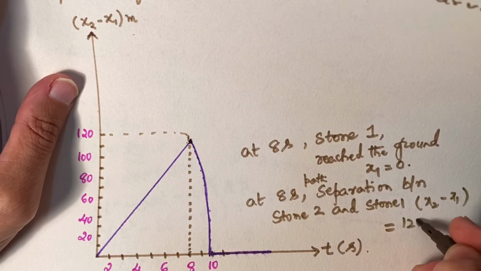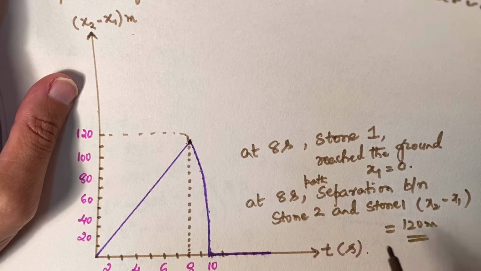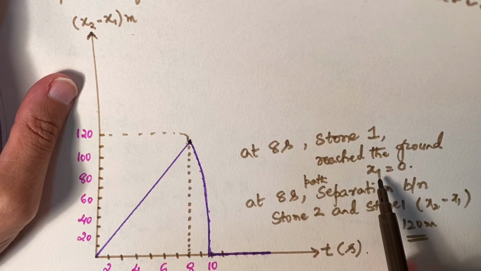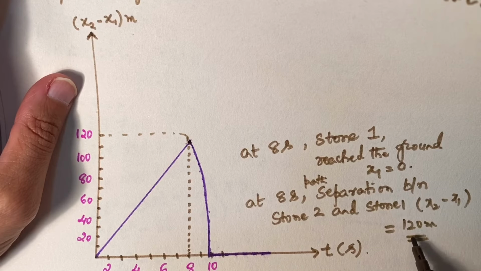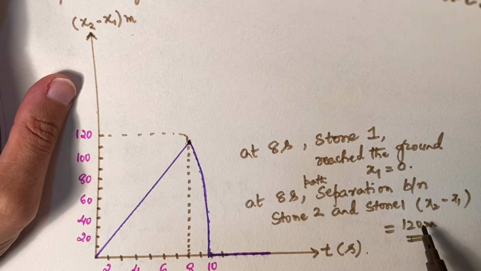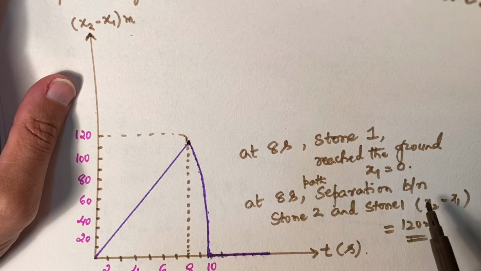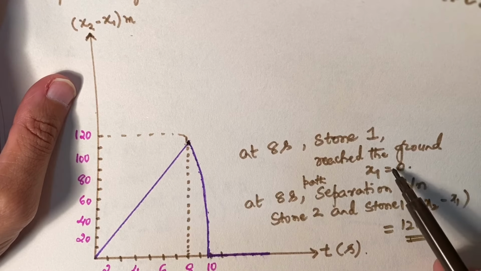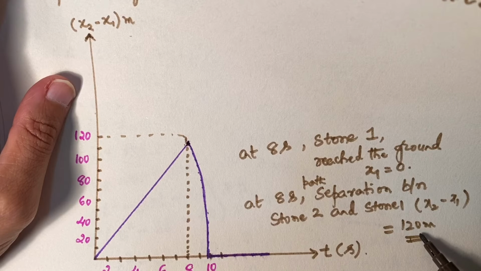So it is 120 meters. That means when stone 1 had already reached the ground, stone 2 was still at a height of 120 meters above the ground. So the difference in distance between stone 1 and stone 2 was 120 meters.